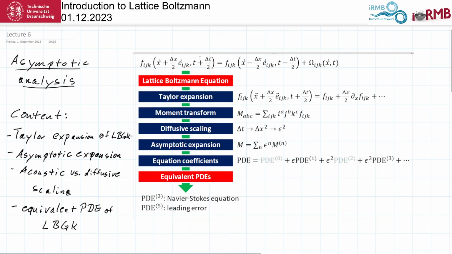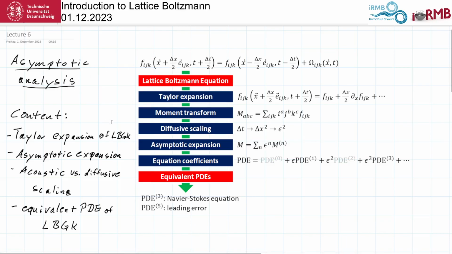So now you saw the colorful fluid dynamics, and now we come to the real interesting stuff, that is the analysis of the Lattice Boltzmann method with asymptotic analysis.